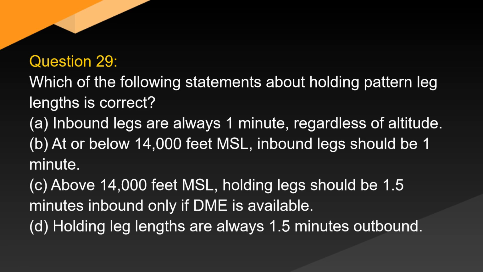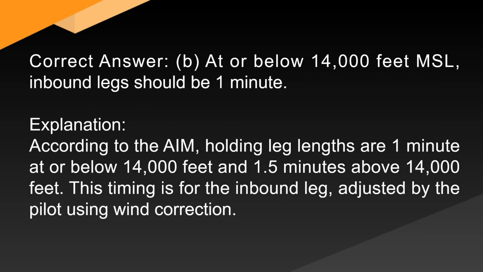D. Holding leg lengths are always 1.5 minutes outbound. Correct answer: B. Explanation: According to the AIM, holding leg lengths are 1 minute at or below 14,000 feet and 1.5 minutes above 14,000 feet. This timing is for the inbound leg, adjusted by the pilot using wind correction.